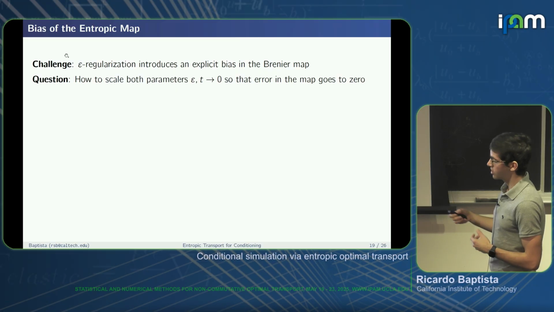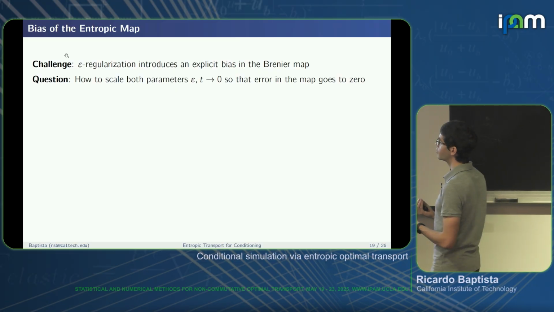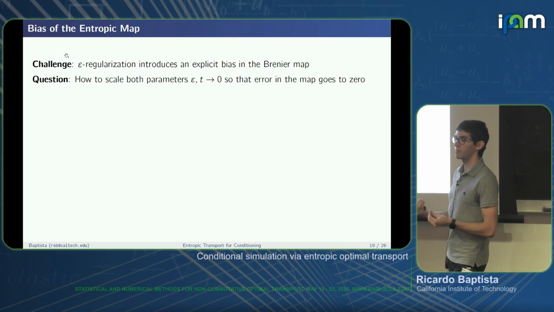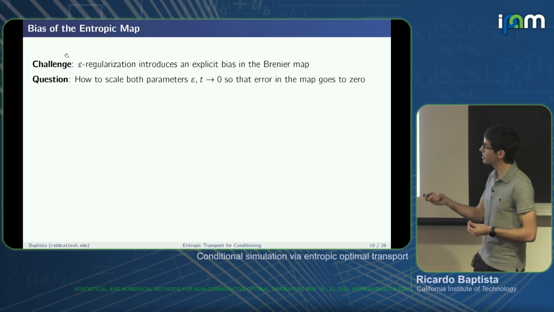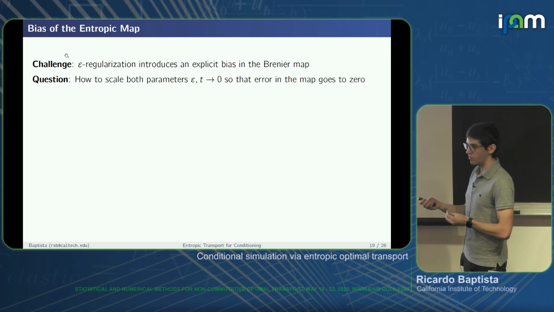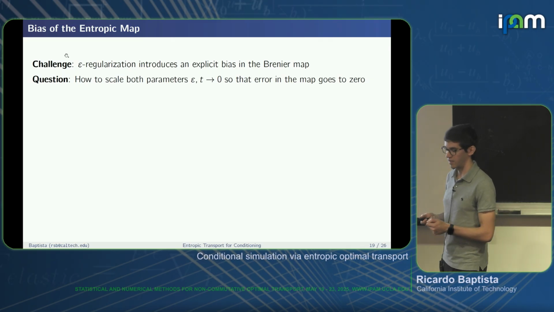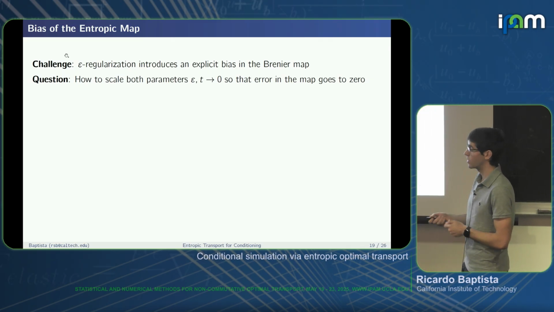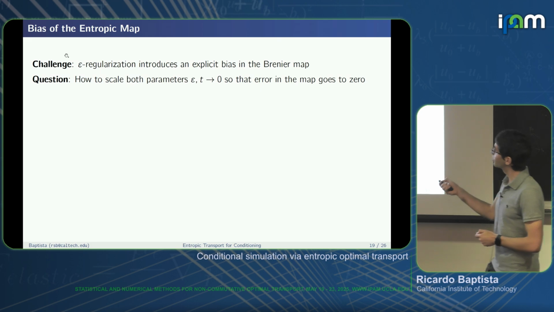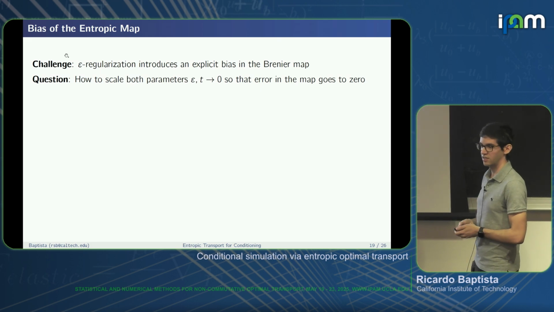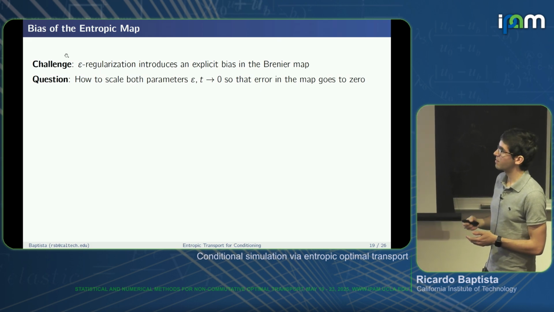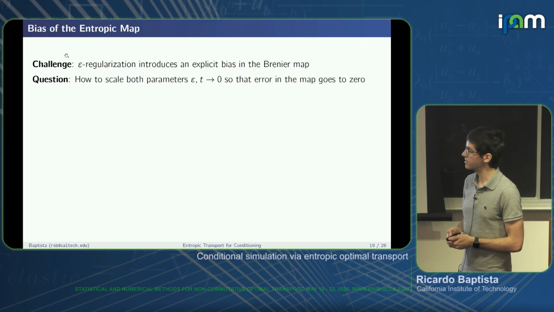And so we had a question of how to choose this epsilon regularization parameter, given that we also need to choose the parameter that defines this cost function. And we want to choose these ideally together so that we can define some consistent estimator for this map with respect to the rescaled cost.